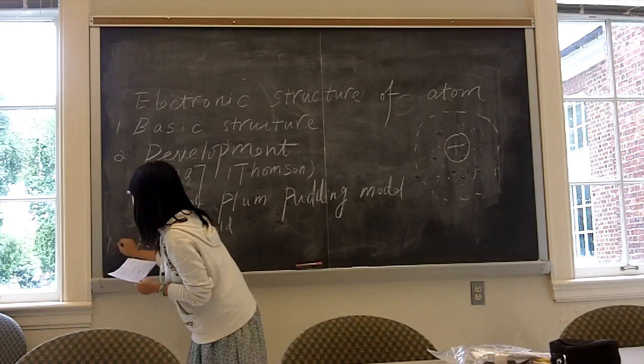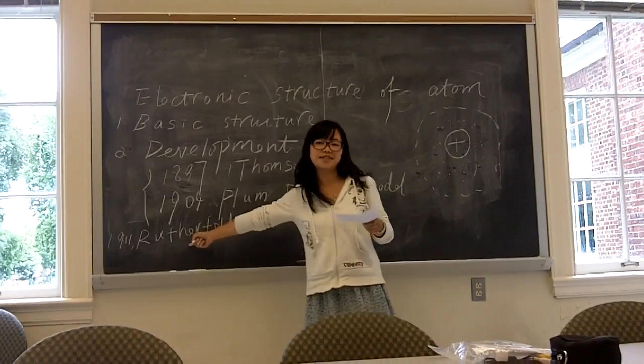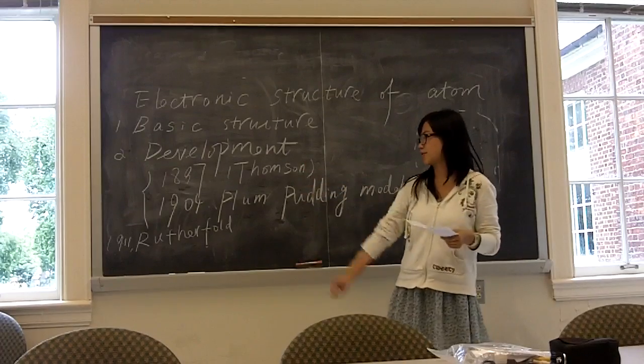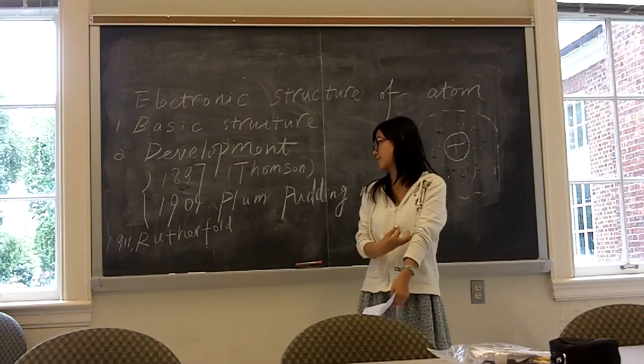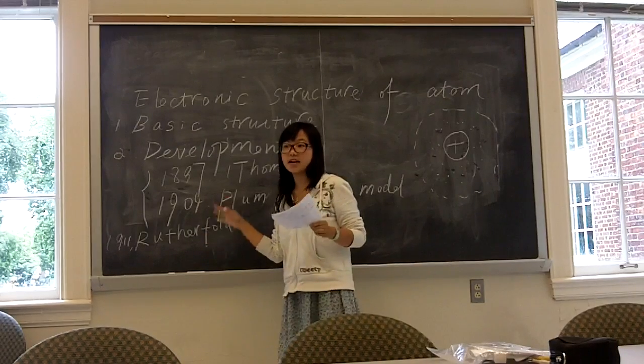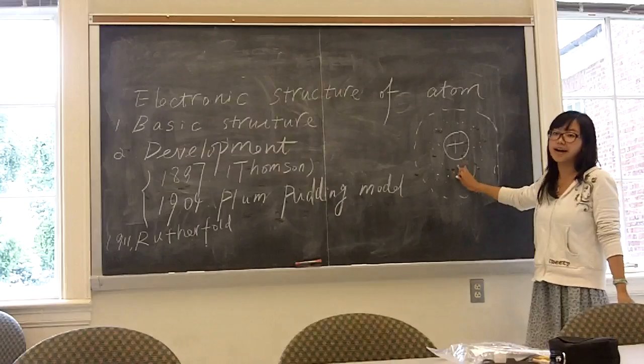I forgot the year. In 1911, Rutherford. You know that? Yeah. And he is also an English scientist, a chemical scientist. So he proposed another experiment to test if this model is right.